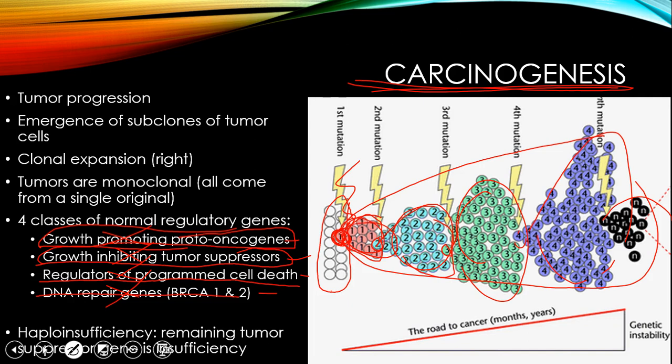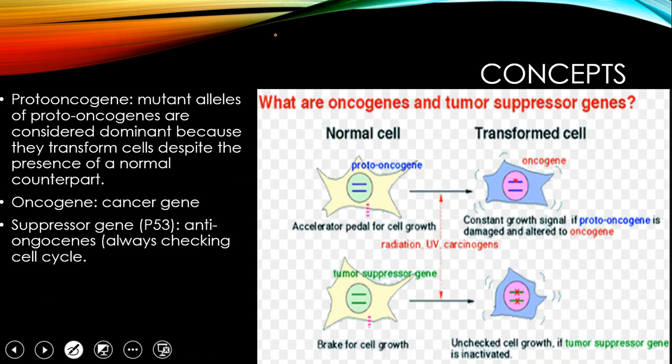That's what's being demonstrated here. There's also something called haploinsufficiency, where the remaining tumor suppressor gene is insufficient. You've got 2 genes, one from mom, one from dad. Maybe one of them is good and one is bad, but the one on its own is not sufficient to really prevent the problem.